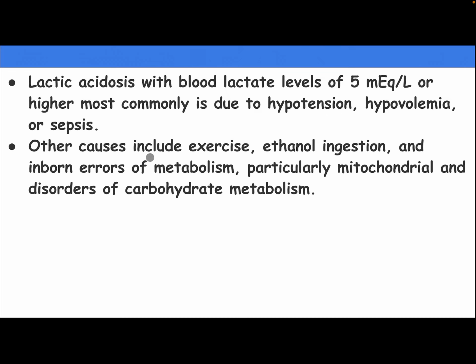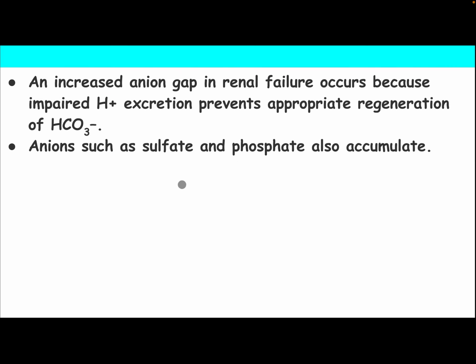Other causes include exercise, ethanol ingestion, and inborn errors of metabolism, particularly mitochondrial and disorders of carbohydrate metabolism. An increased anion gap in renal failure occurs because impaired hydrogen excretion prevents appropriate regeneration of bicarbonate.